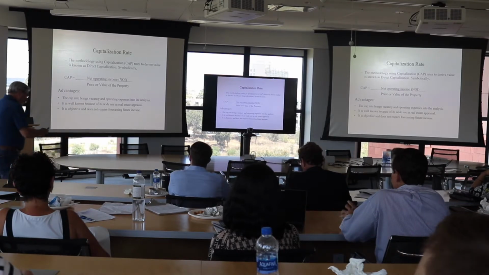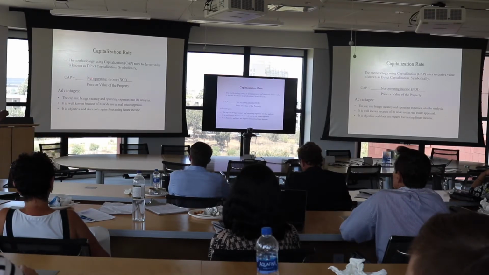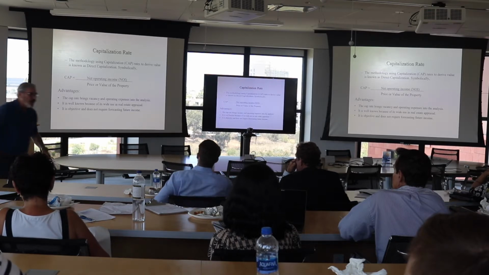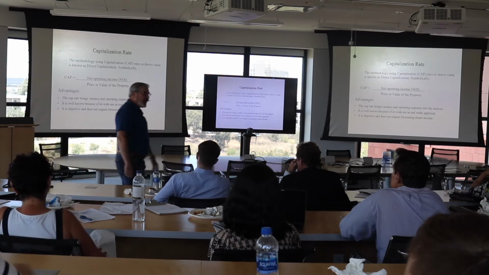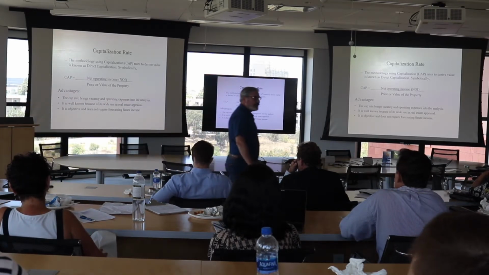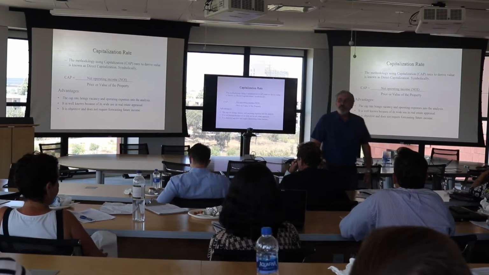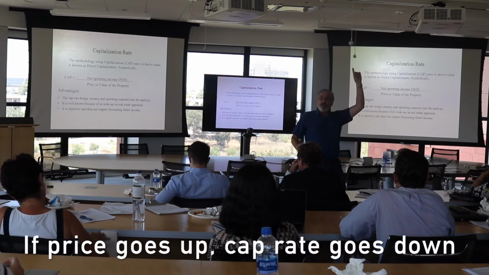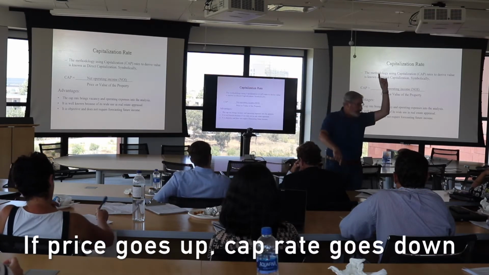Okay? So if that number says 500,000 and this number gets bigger and bigger, what's happening to the cap rate? It's going down. Let me say that again in a slightly different way. As the income's constant, if the price is going up, the cap rate is going down.